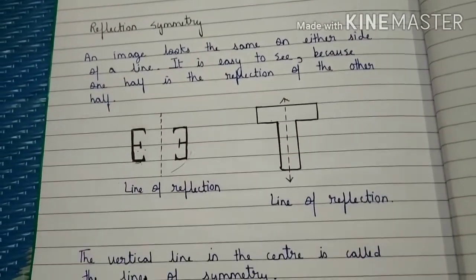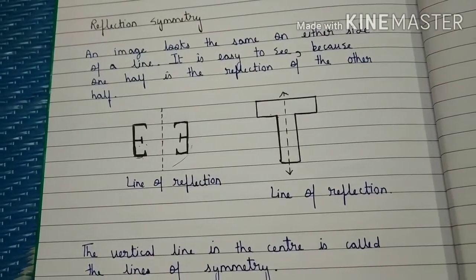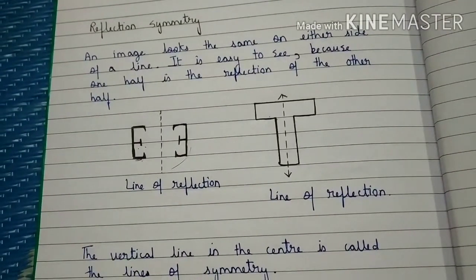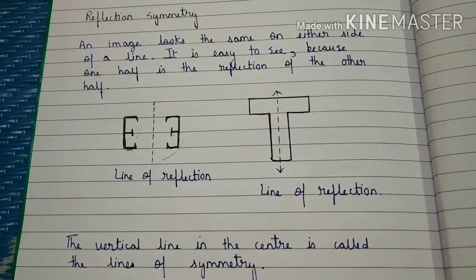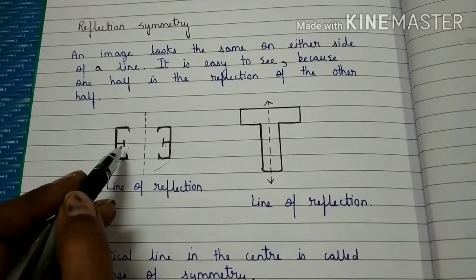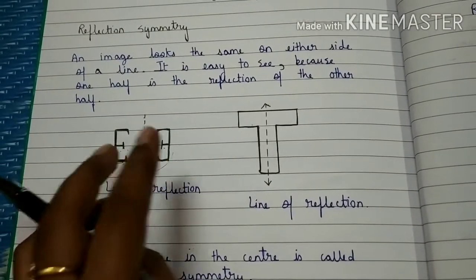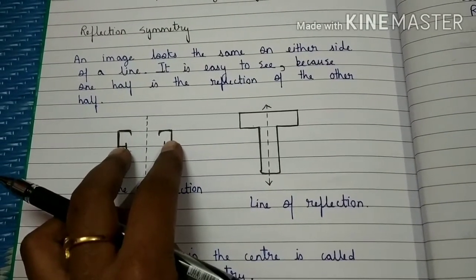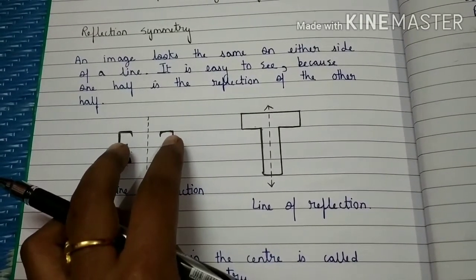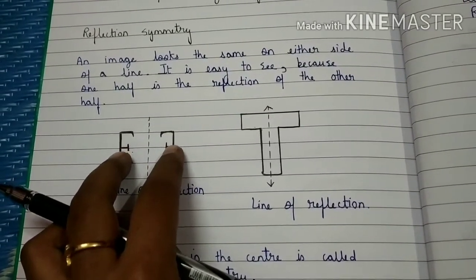Students, let us understand this concept with the help of this figure. Students, look at this figure. This is a figure of E. Now students, when you look at both sides of a line, you will notice that both sides and the image look the same.